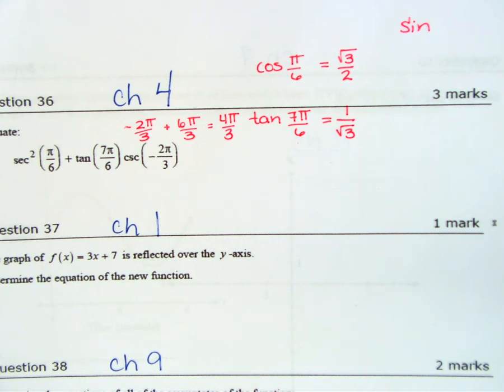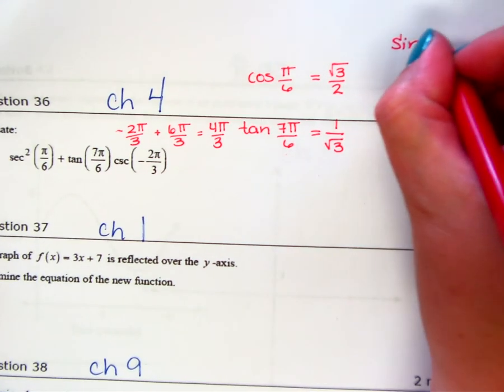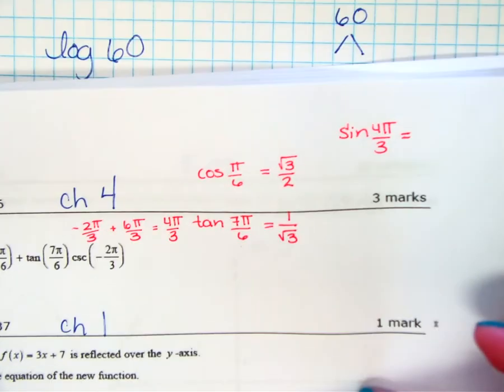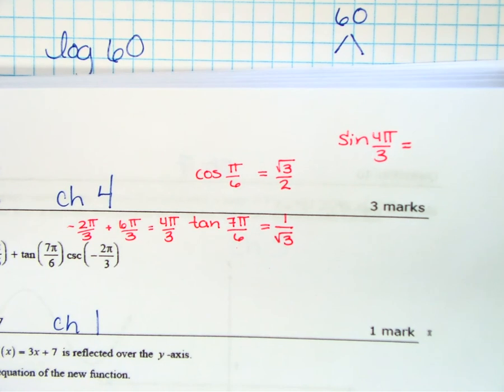Okay, do you guys agree with my positive coterminal angle? 4 pi over 3? Yeah? Okay, all right. So what quadrant am I in at 4 pi over 3? 3 again. So if I do sine of 4 pi over 3, is sine positive or negative in quadrant 3?